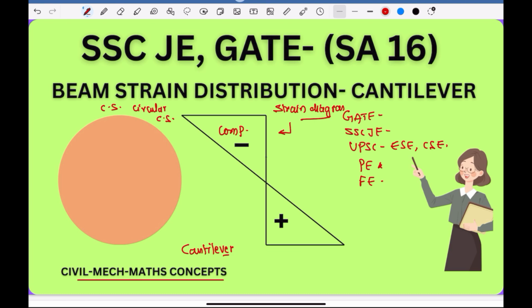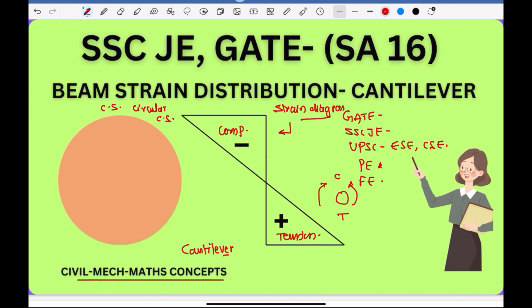At the bottom it is subjected to tension, tension is plus. When the moments are like this on the beam cross section, the top will be compression and the bottom will be tension.